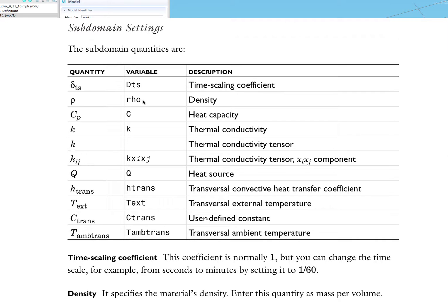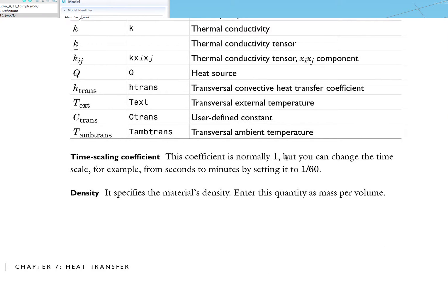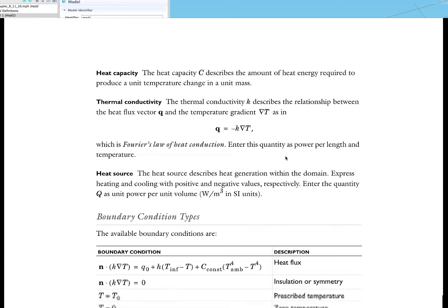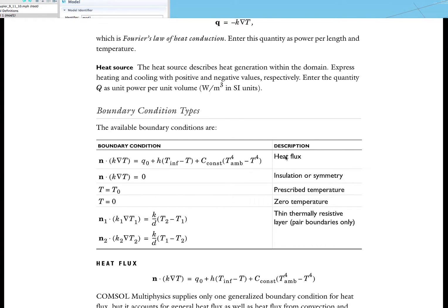So you can write rho as a function of T, or as a function of Q, or of any T external. All of these you can write as expressions, which makes it a very powerful method of solution. So having said that, we can discuss the boundary conditions.